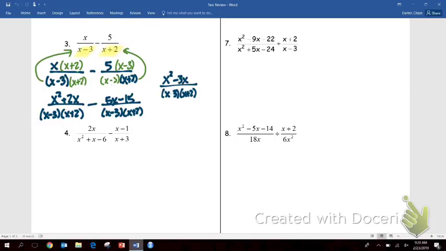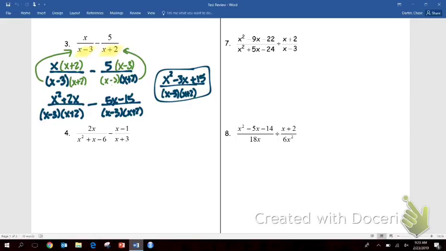And then we have 0 minus 15, which is plus 15. So we end up with x squared minus 3x plus 15 over x minus 3, x plus 2. So we need a common denominator only when we add and subtract, but we need a common denominator, and then we combine like terms.